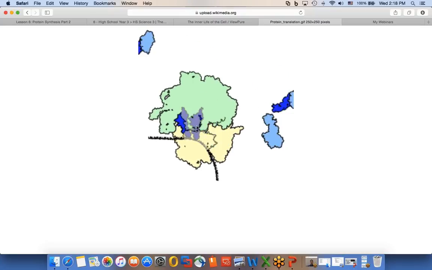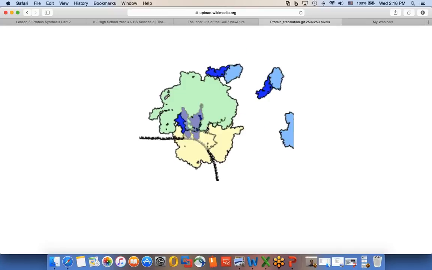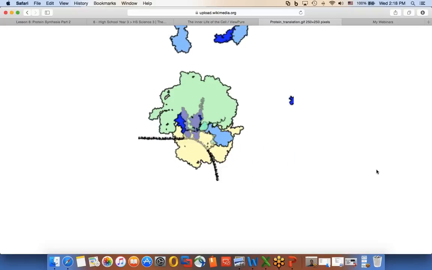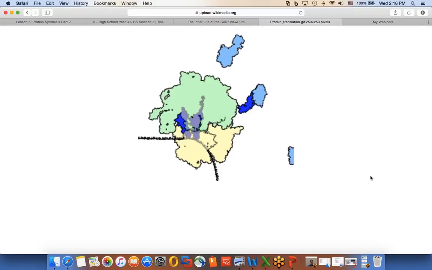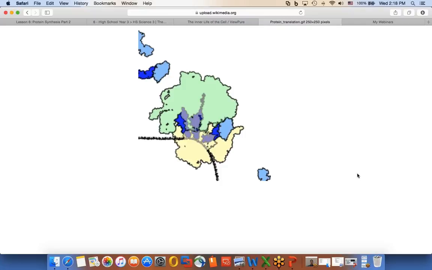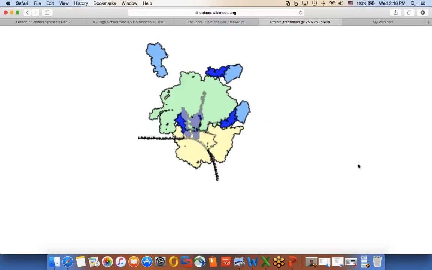This one here, that come in, attach here to the messenger RNA, and then they leave. tRNA, yes, so it's the transfer RNA, okay?